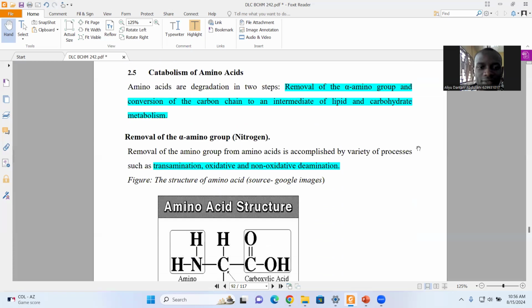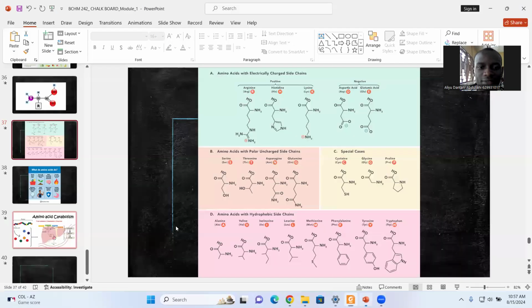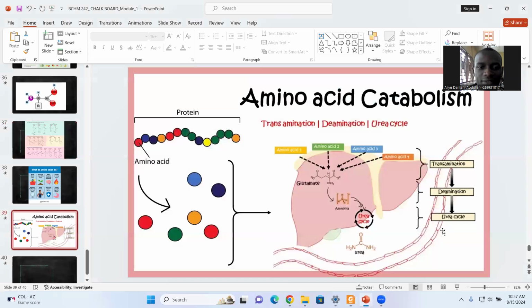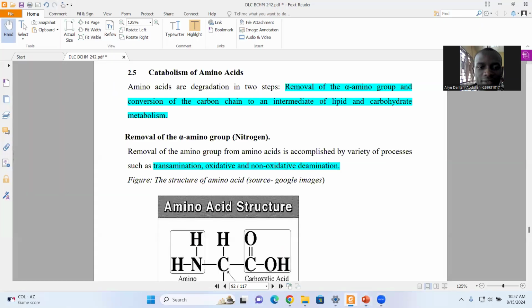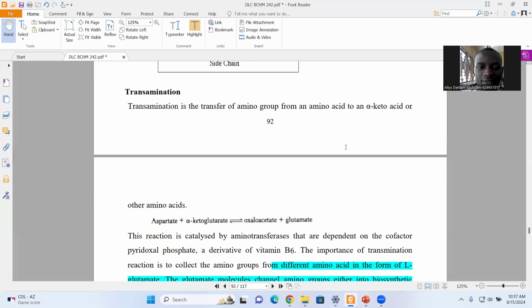Okay, this occurs in 3 steps: removal of amino groups from amino acids, accomplished by a variety of processes: transamination, oxidative and non-oxidative deamination, followed by the urea cycle. So what is this transamination? Transfer of an amino group from an amino acid to an alpha keto acid or other amino acids.